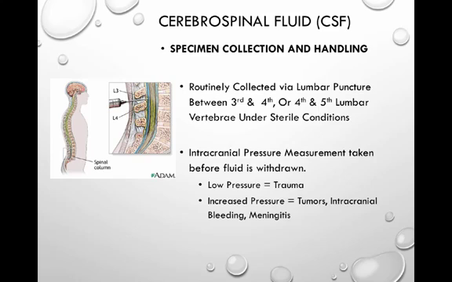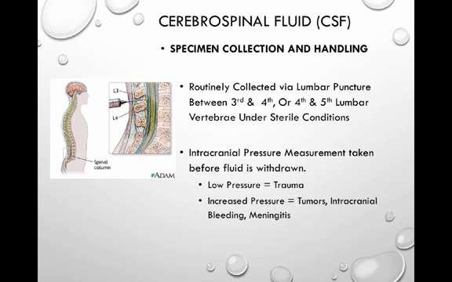Once the puncture has been made, the first step is to measure the intracranial pressure. Too much fluid floating around in these closed cavities can create too much pressure in a person's central nervous system, and this can cause a lot of trauma. So once a puncture has been done, we have to check for that pressure.